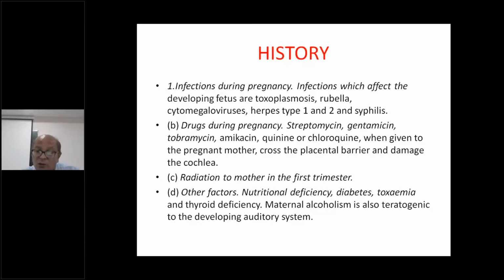But even though the government has given so many incentives, people are still getting delivered by the local Dai in the villages. So these are all very important for you: where the patient got delivered and what was the method, whether it was a CS delivery or a normal vaginal delivery.